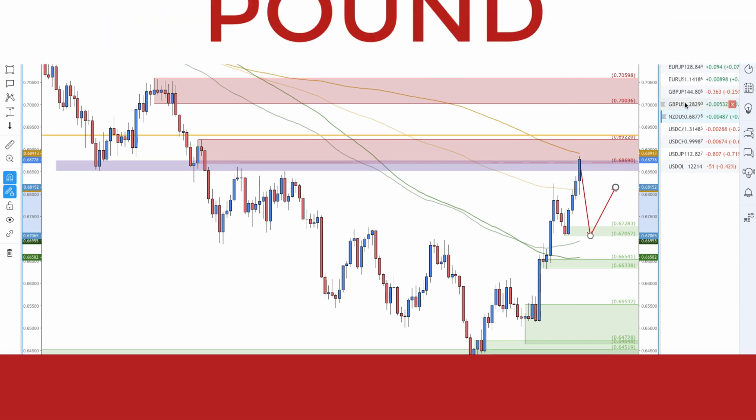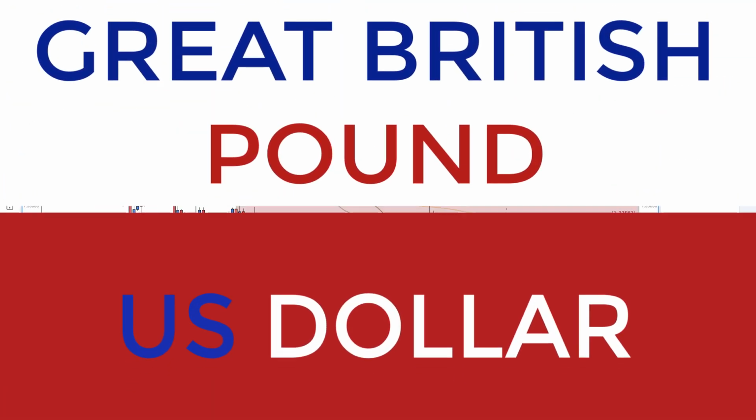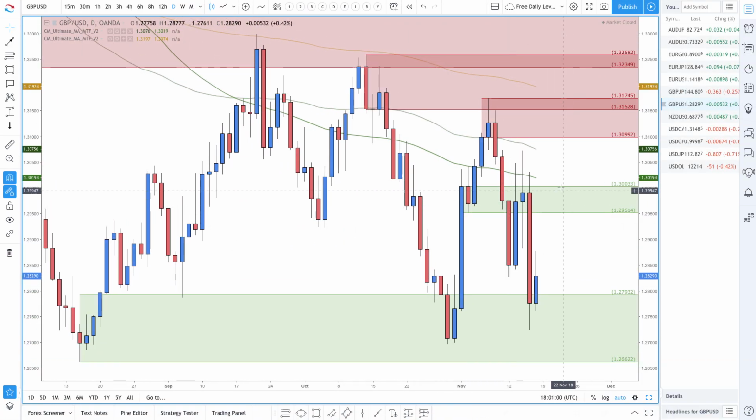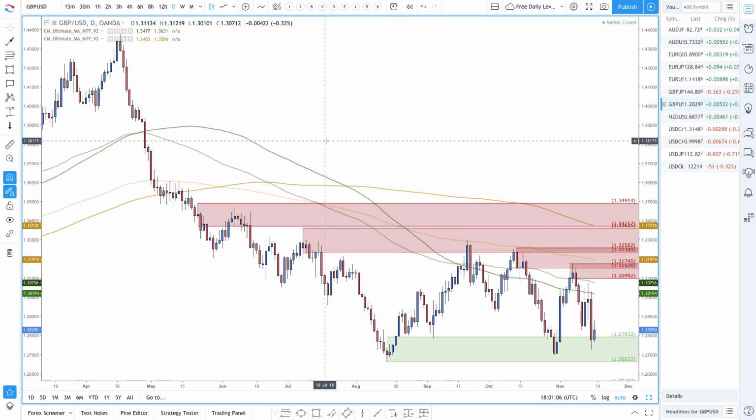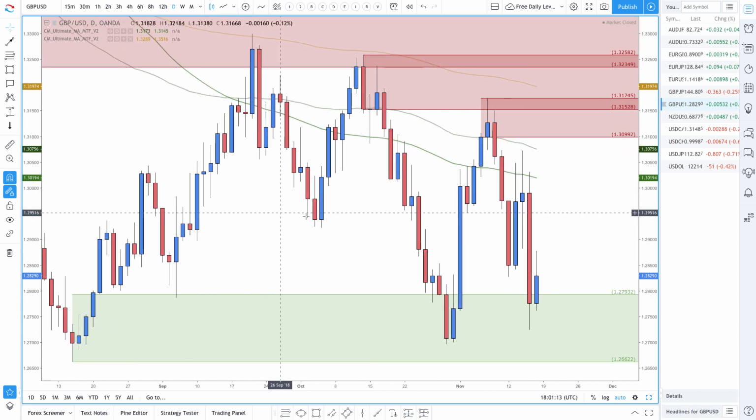Pound dollar, and the pound really has been suffering, we can see pretty much from the beginning or middle of the year. Is that the middle? I'd say even before that, mid-April, and it was really just a given simply because of Brexit and the agreements. If you managed to get some profit from a few weeks ago, I recommended this as a sell.